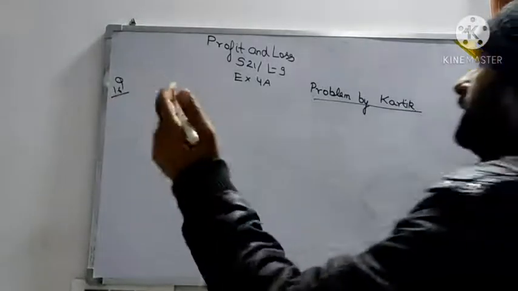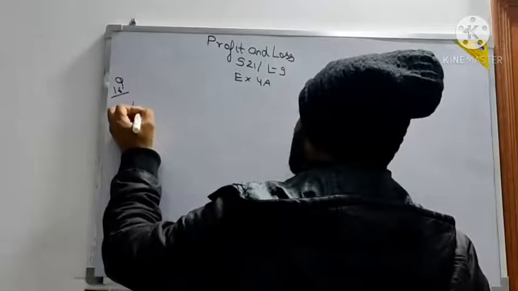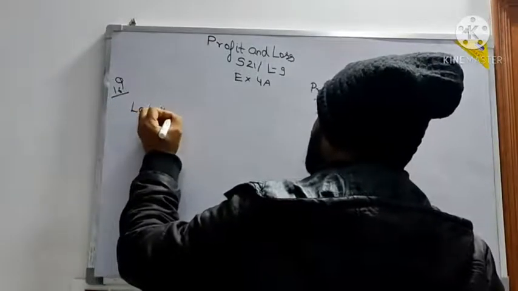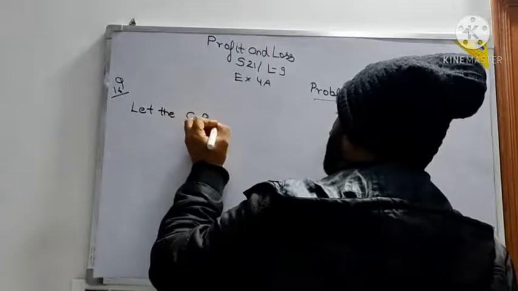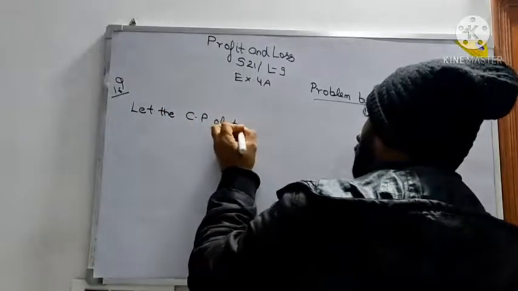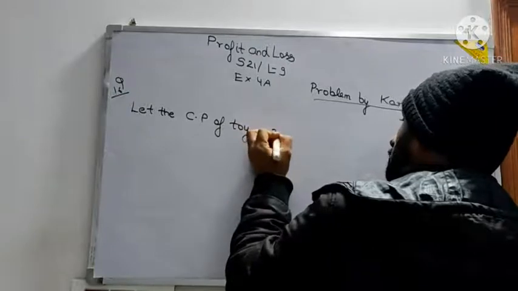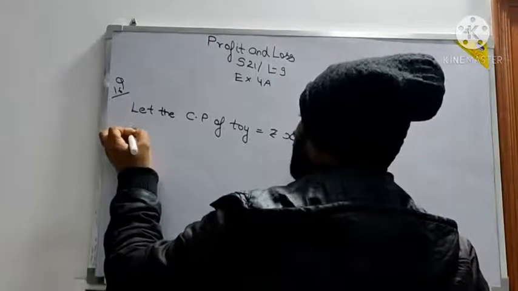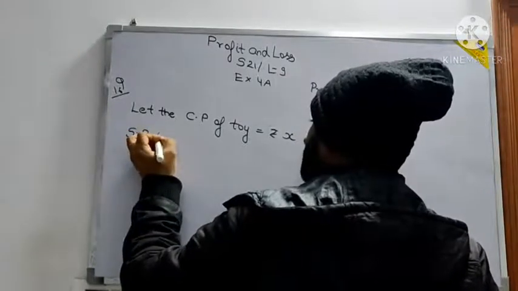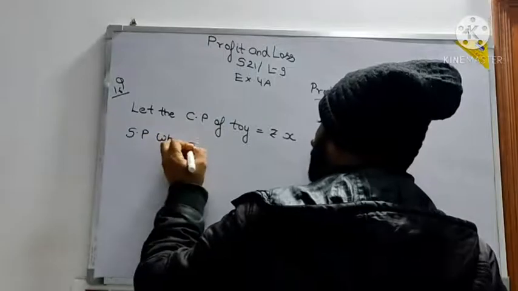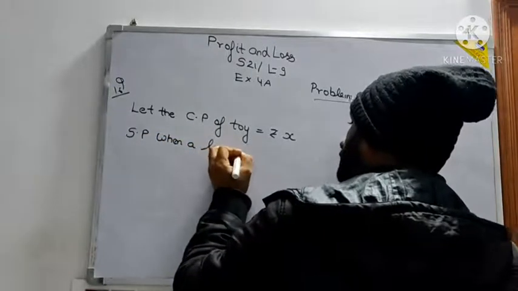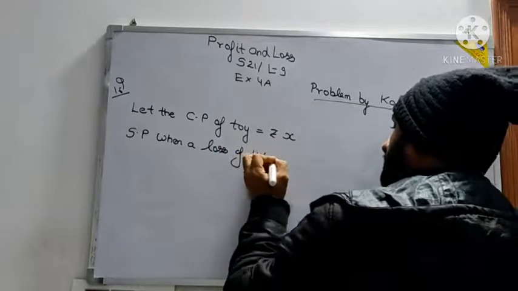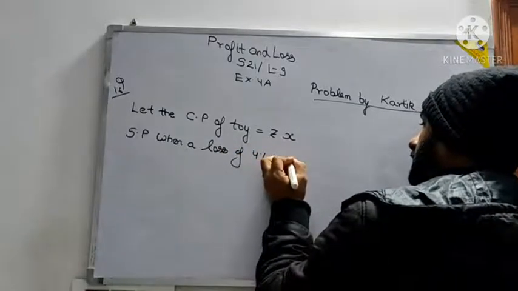So let the CP be X. Let the cost price of the toy be rupees X. So first of all, we will assume that the cost price is X. Now, at a loss of 4%, what will be the SP?